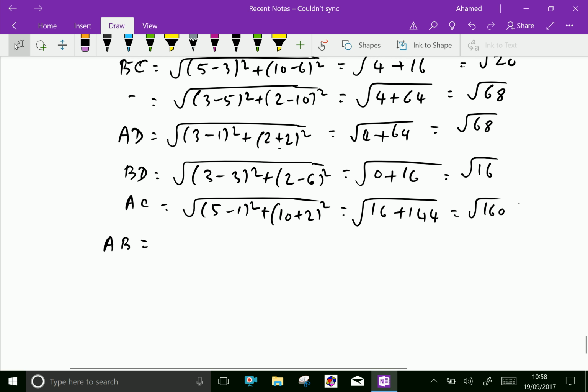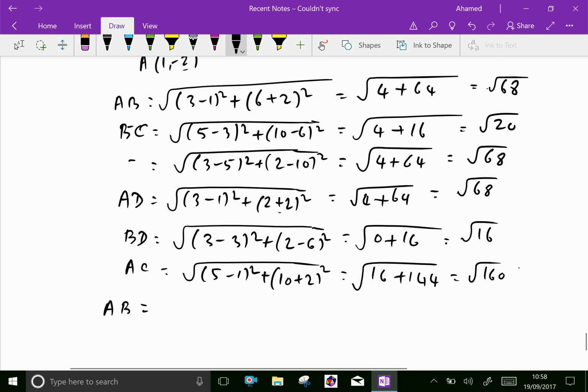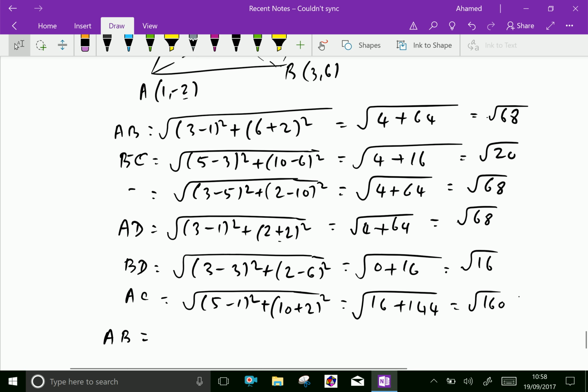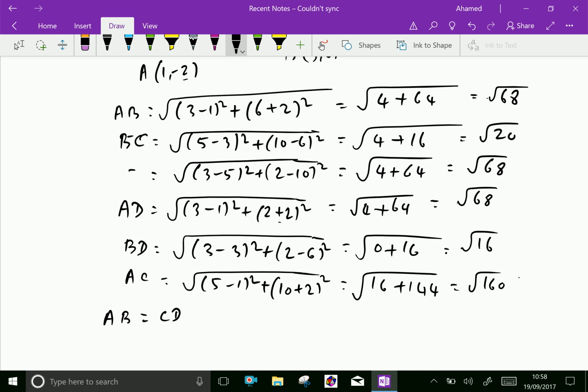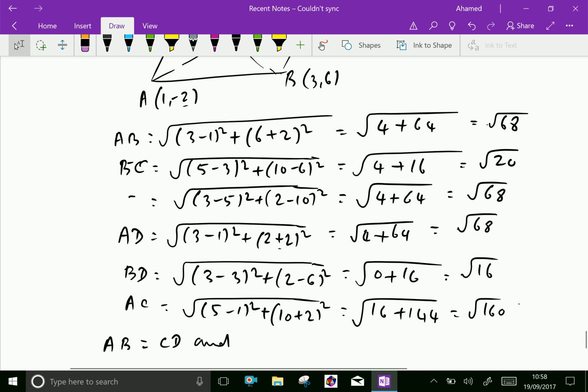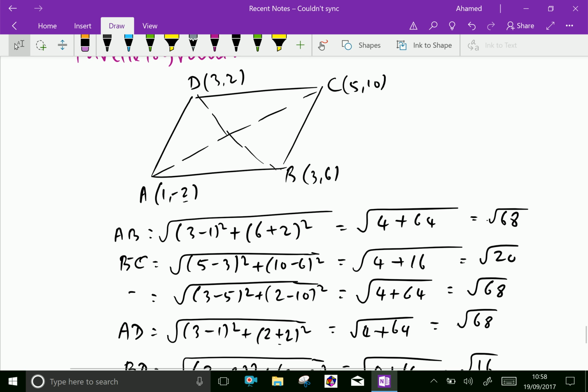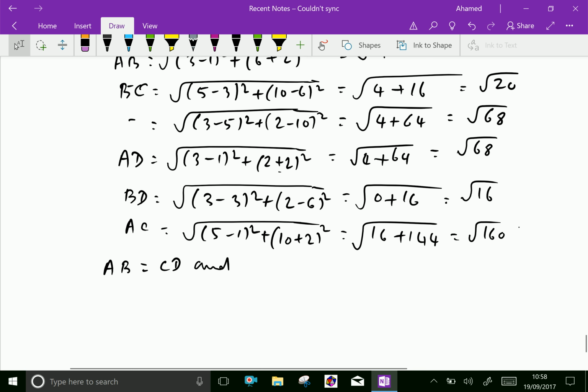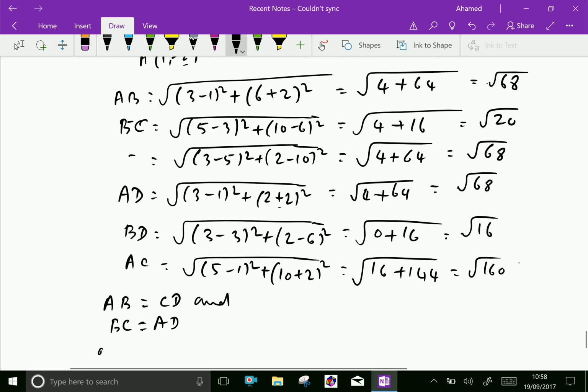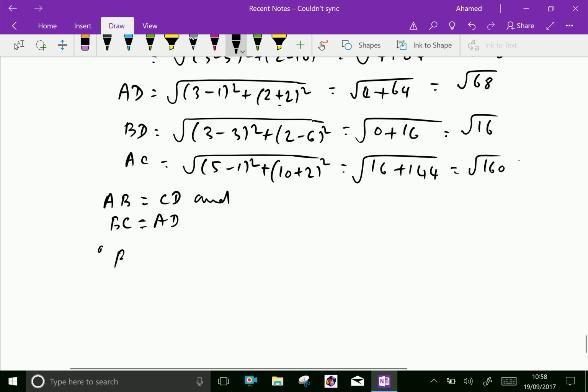AB equals CD and BC equals AD as well. And the diagonal BD is not equal to AC.